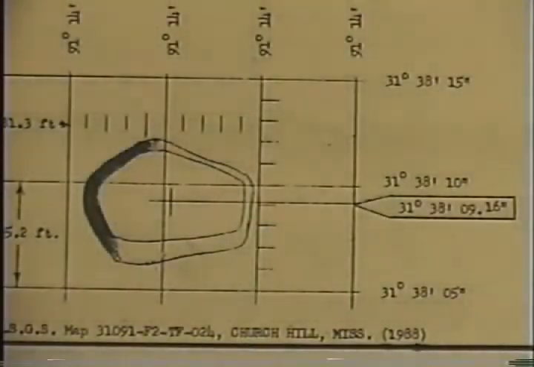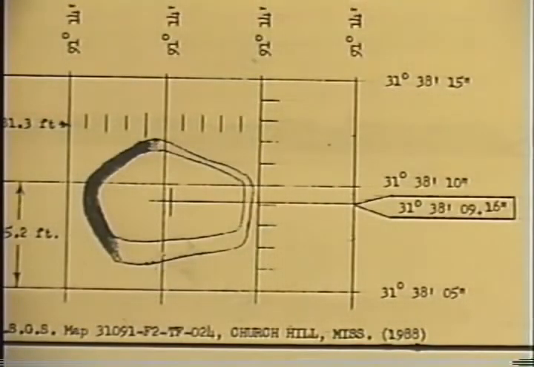Then we have Mississippi's Emerald Mound, with its 5 corners, and 6 surfaces, comprising a corrupted 360-degree form. 5 times 6 times 360 becomes 10,800, the figure which encodes its latitude of 31 degrees, 38 minutes, 09.16 seconds north.